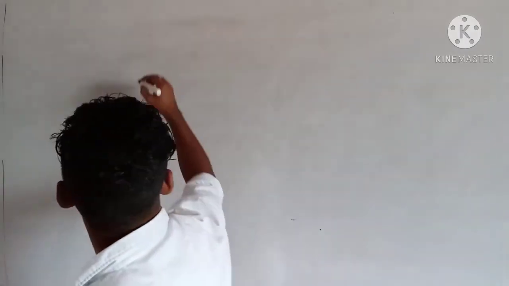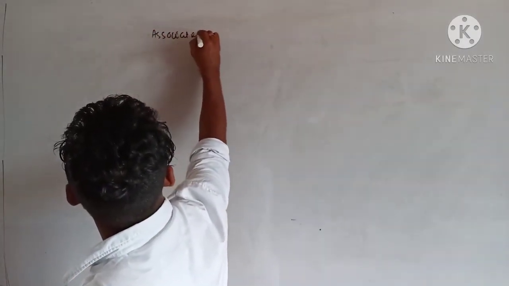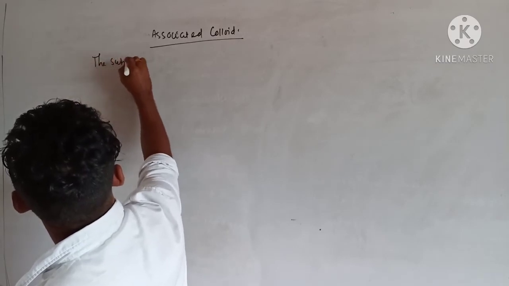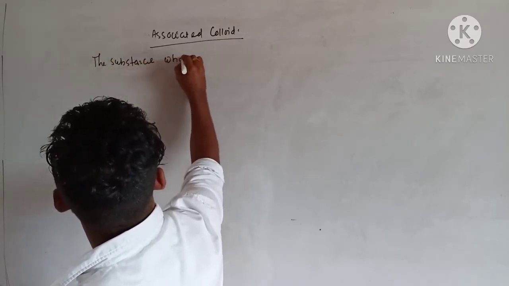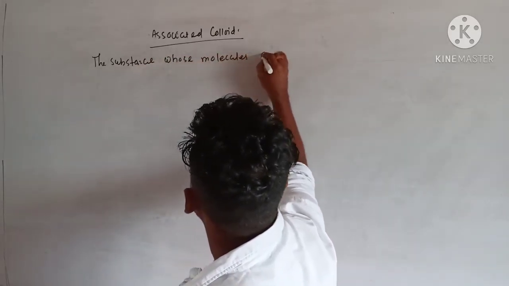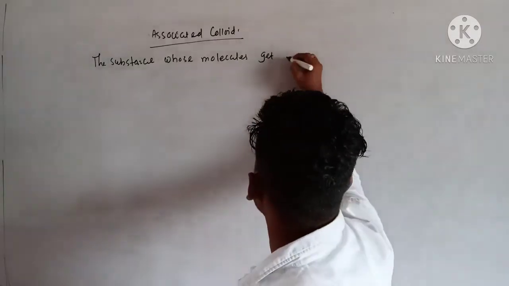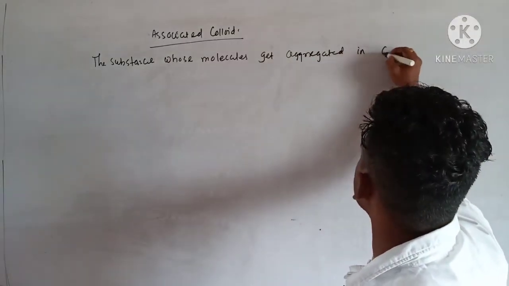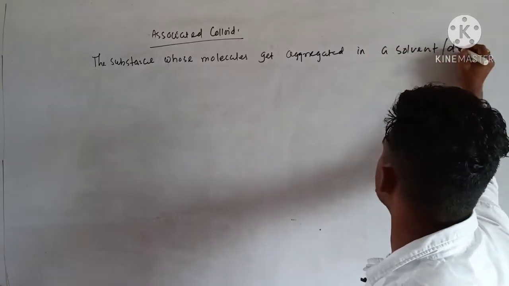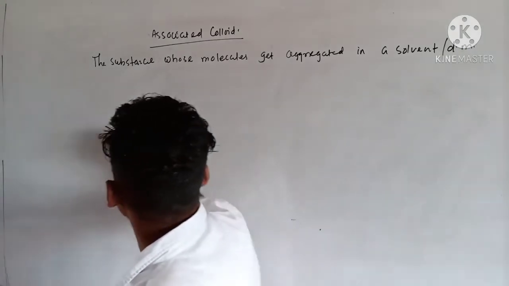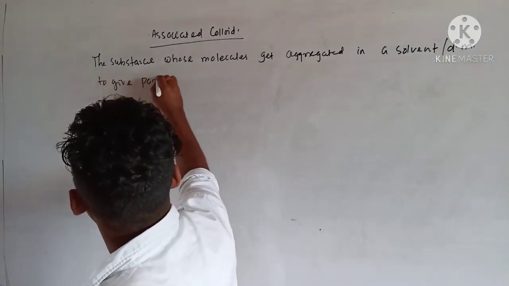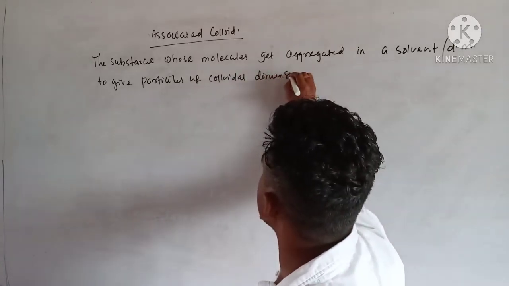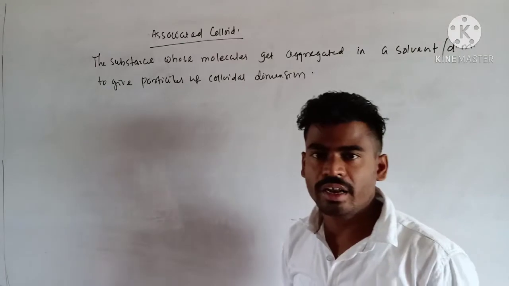The substances whose molecules get aggregated in a solvent, or you can say dispersed medium, DM I am writing over here, to give particles of colloidal dimension. These are known as associated colloids.